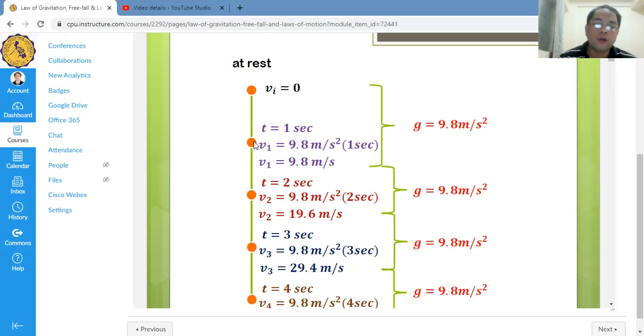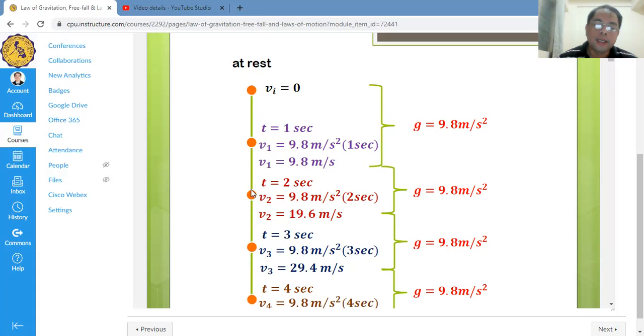If you let it fall for one more second, and of course it's not an equal distance because the object now tends to get faster, the second time you measure the speed of the object, it becomes 19.6. So you'll notice that it doubles. If you double 9.8, it becomes 19.6.